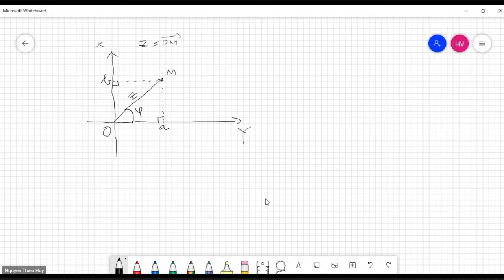Actually, you see immediately that cos of phi is simply this length A divided by the length of OM, but the length of OM is the modulus of Z, right? And therefore the sine of phi is B over the modulus.